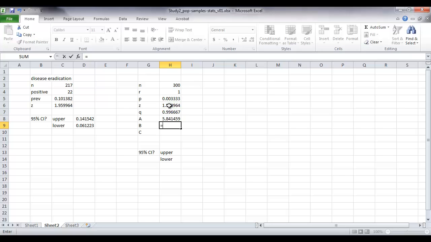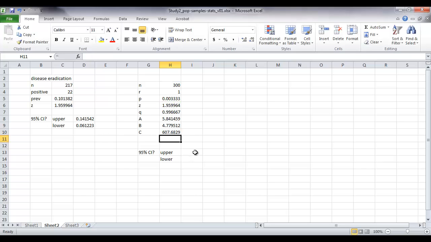B is Z times the square root of Z squared plus 4 times R times Q. And C is 2 times the sum of n plus Z to the power of 2, Z squared.